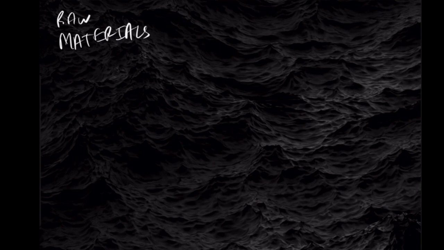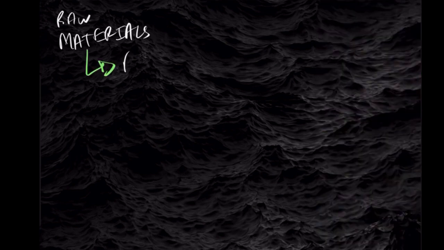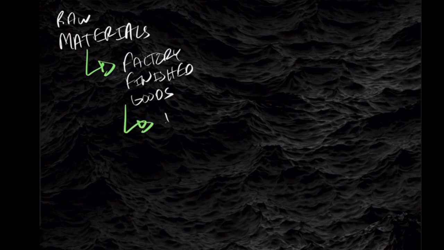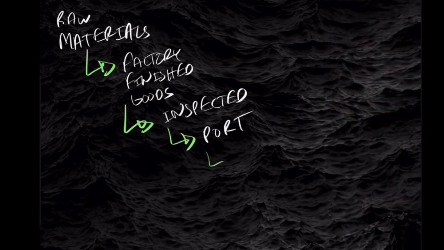Okay, so let's start by mapping out what an end-to-end supply chain looks like. First of all, you've got all of these raw materials that are going to make up your product. Those raw materials are then going to go into producing the end product. Then from there, your product probably needs to be inspected to make sure that it's all good to go. It then needs to be transported to port.